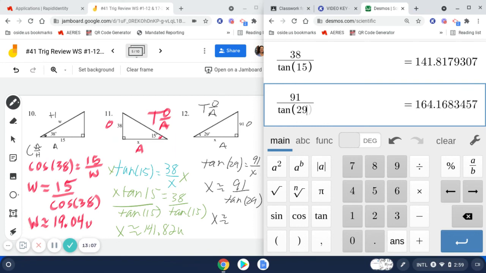And we're getting 91 divided by the tangent of 29 is equal to 164.17 U for units. How'd you do?